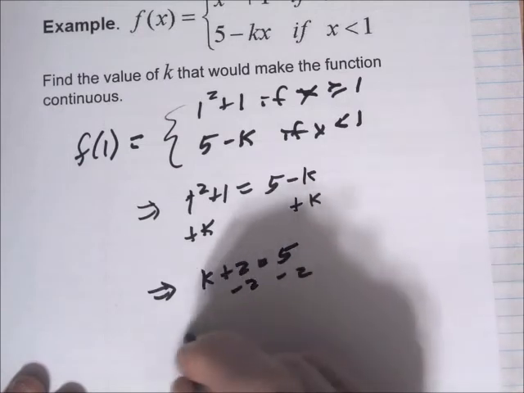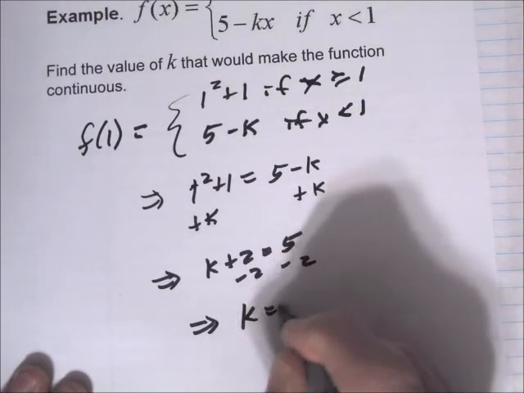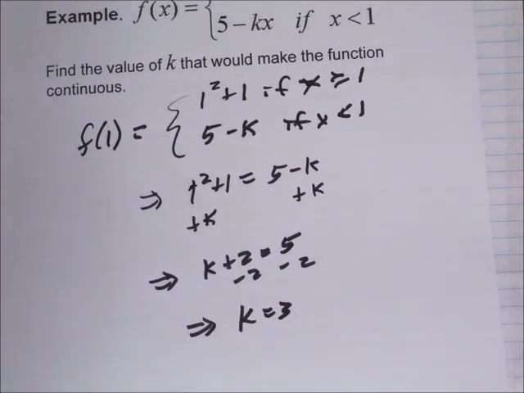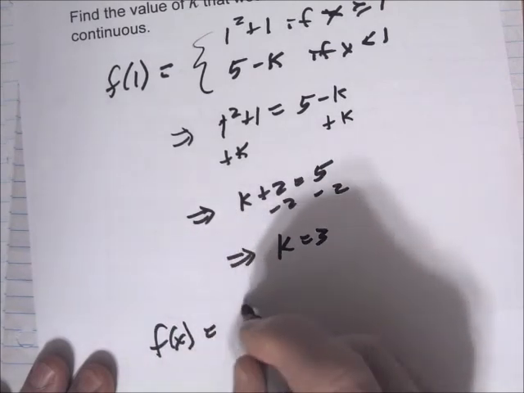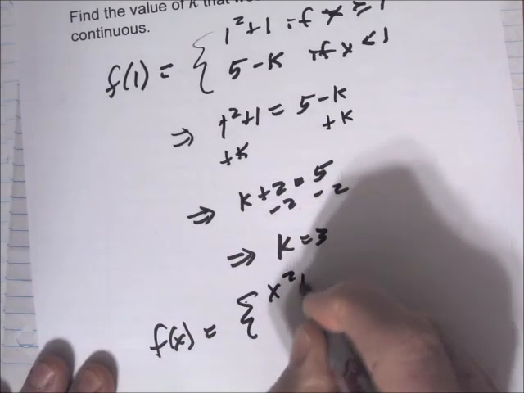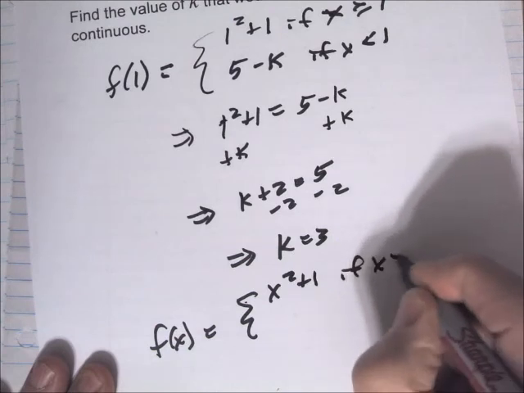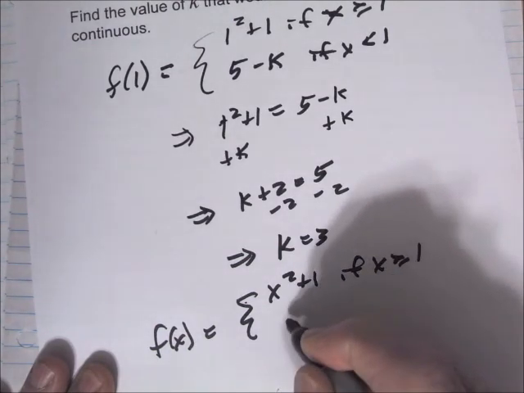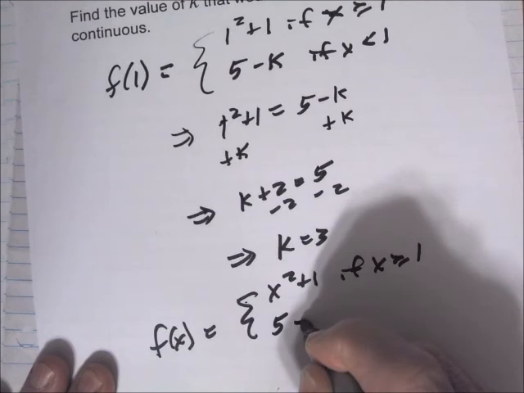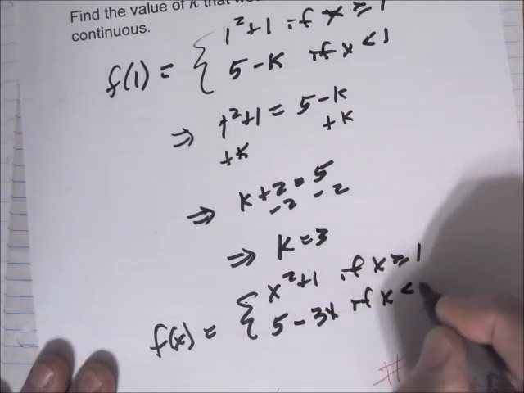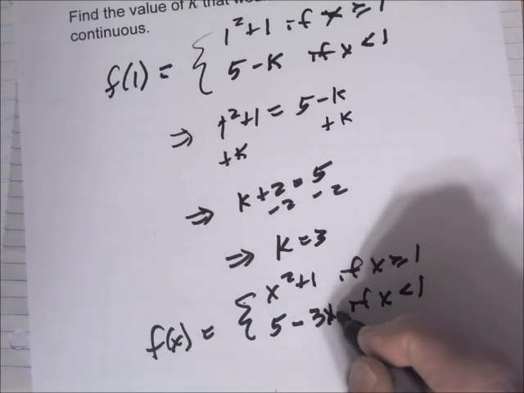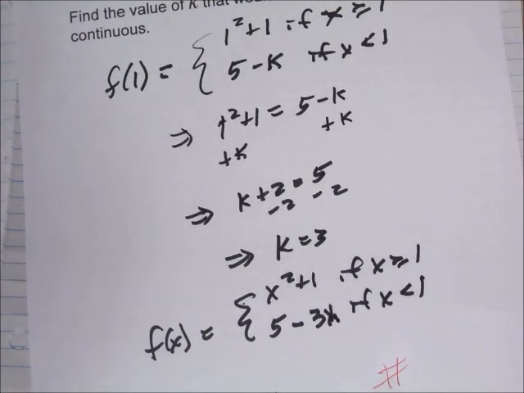Subtract 2, that means k is equal to 3. So if k is equal to 3, then the function would be continuous. That means f of x, if it's to be continuous, is x squared plus 1 if x is greater than or equal to 1, and 5 minus 3x if x is less than 1. That way they both have the same value at 1, the boundary between the two formulas.